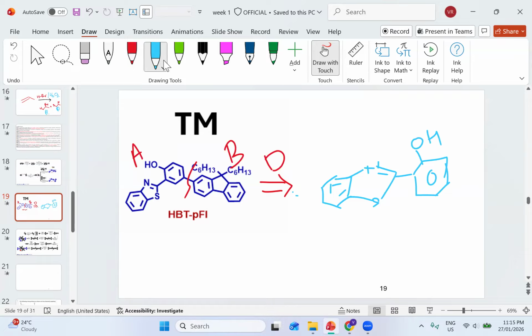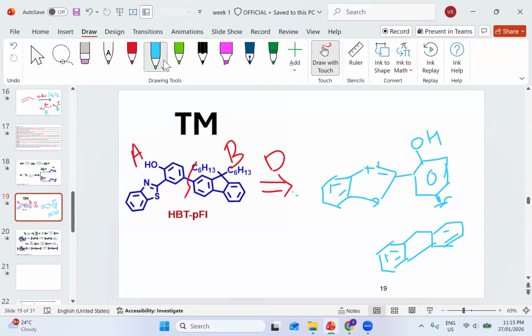Right? So this is the part, this is the synthon, and another part is like this. And among these two, one will be the positive and one will be the negative, right?